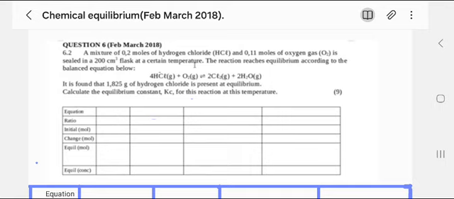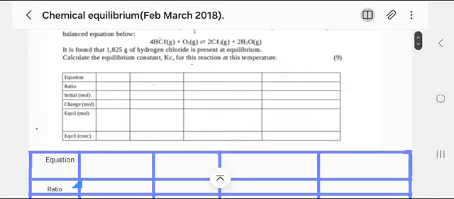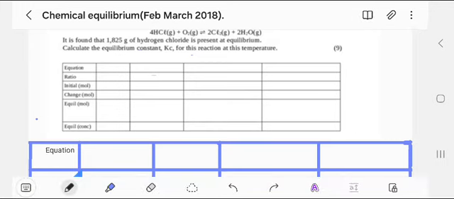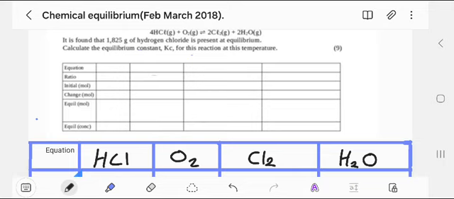We'll use this RICE table. What we are given: we have our reactants here, HCl and oxygen gas, and we have chlorine gas and water, H2O.